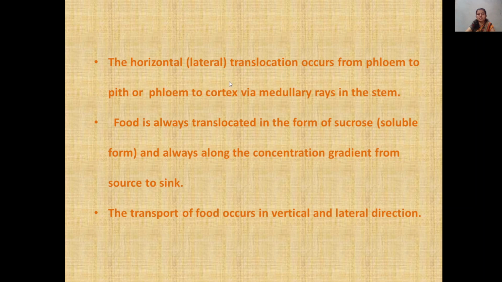When some trees are larger, then in the lateral position, food is transported with the help of medullary rays. Medullary rays are also responsible for translocation of food in the large surface area of the trees.